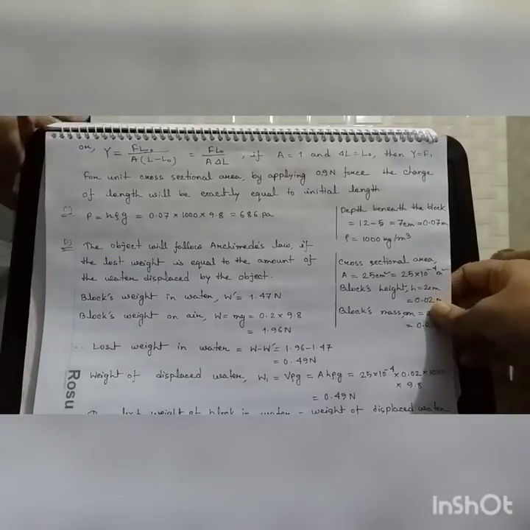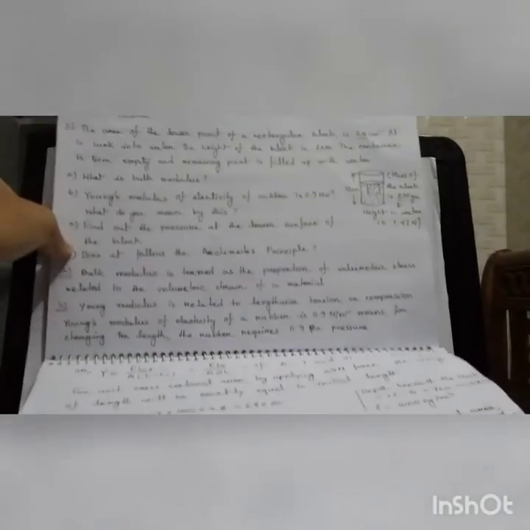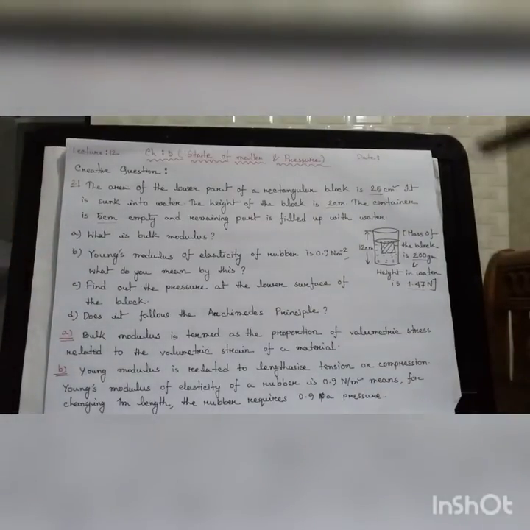If we follow the diagram again, look at this diagram. The overall height of the container was 12 centimeter, and the empty portion of this container was 5 centimeter.